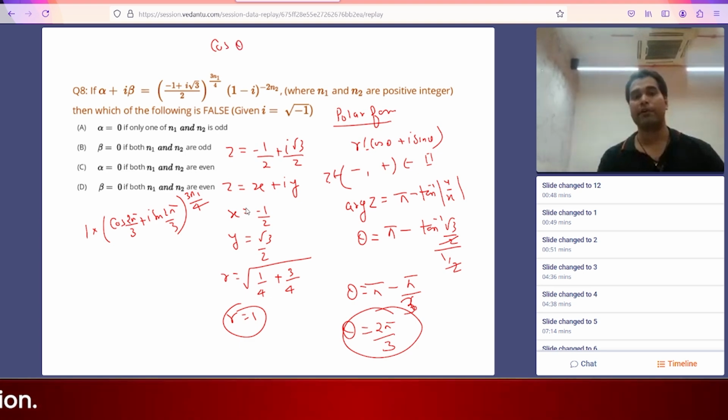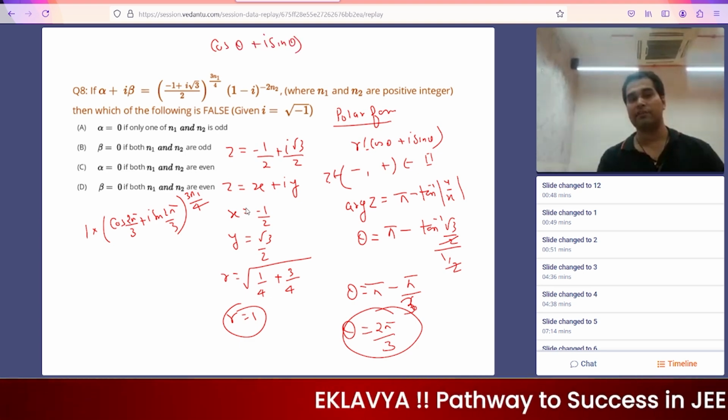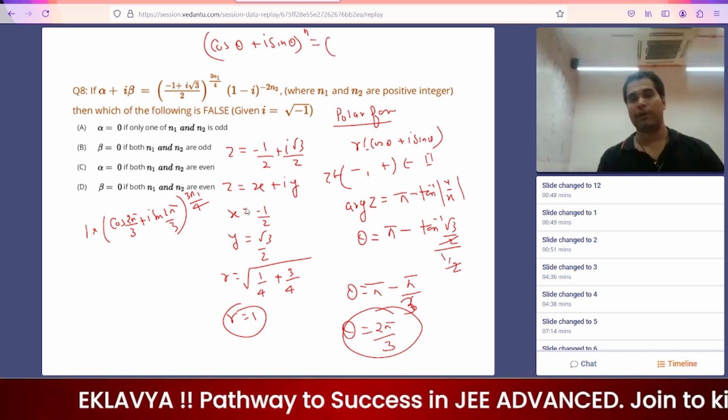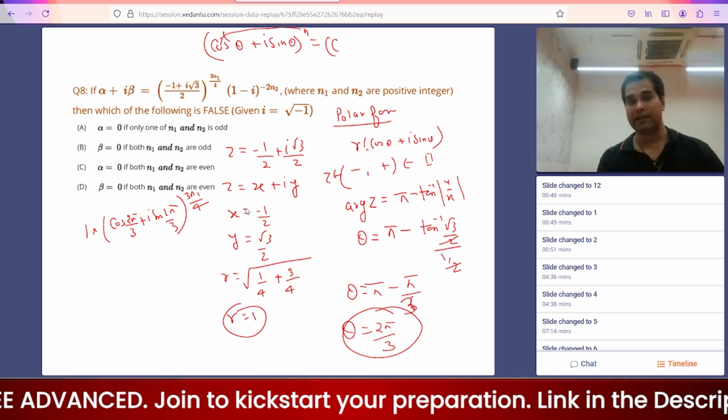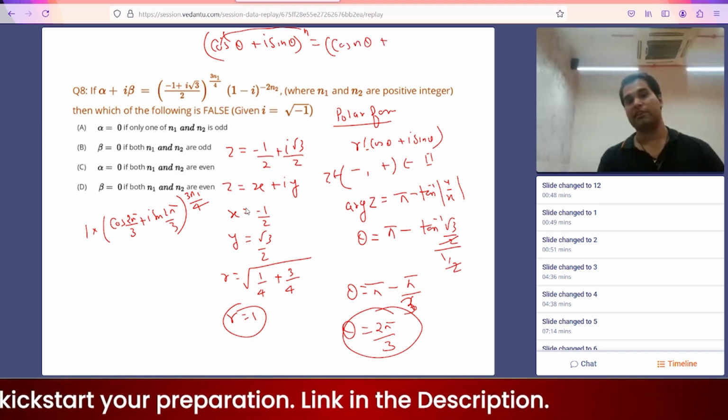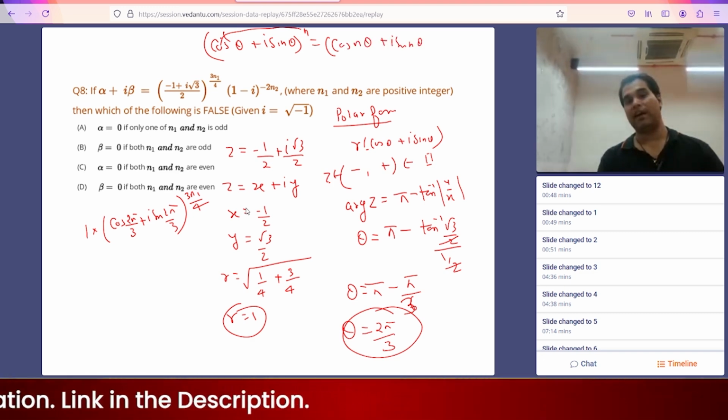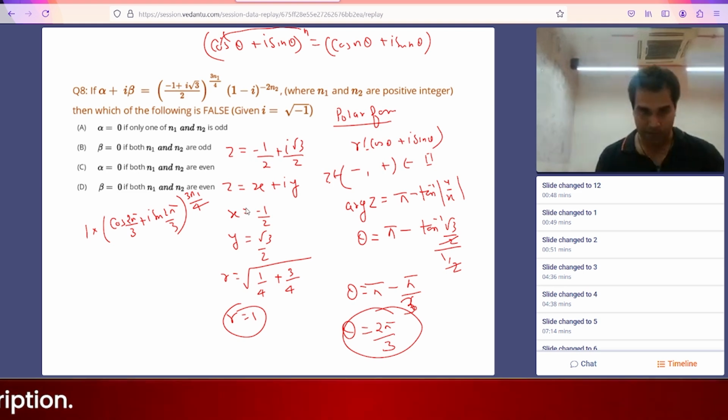As we know, De Moivre's theorem says that (cos theta + i sin theta) raised to the power n is also written as cos n theta plus i sin n theta.